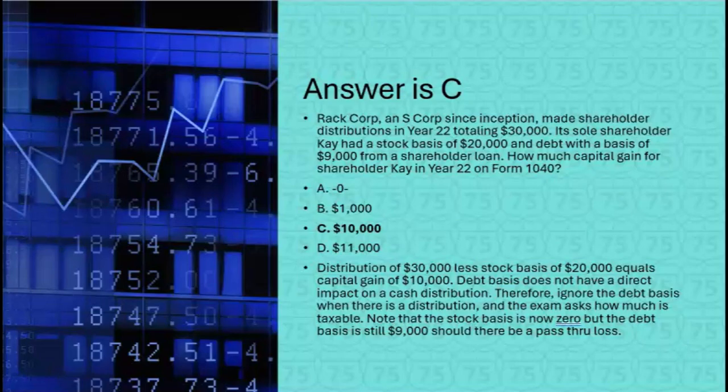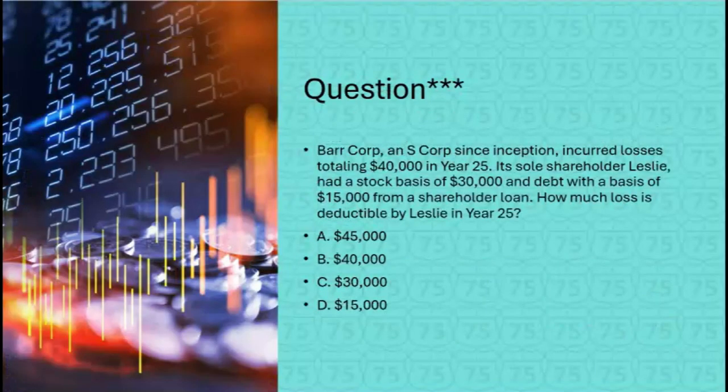Distribution of $30,000 less stock basis of $20,000 equals capital gain of $10,000. Debt basis does not have a direct impact, we said, on a cash distribution. Therefore, we ignored the $9,000 debt basis. When there's a distribution and the exam asks how much is taxable, it's only the stock basis that we care about, not the debt basis. Note that the stock basis is now 0, but the debt basis is still $9,000 should there be a pass-through loss.